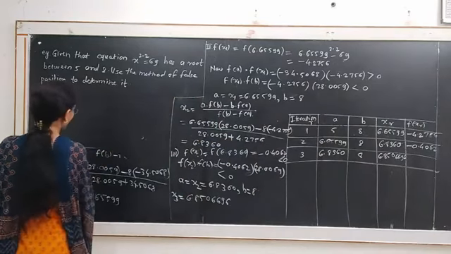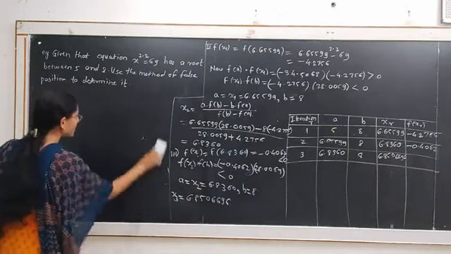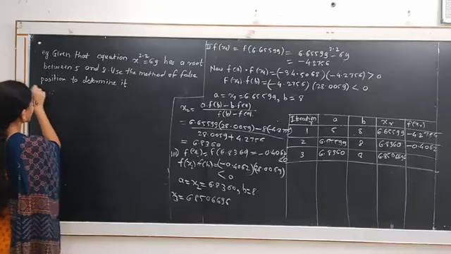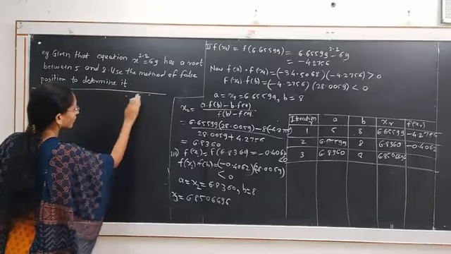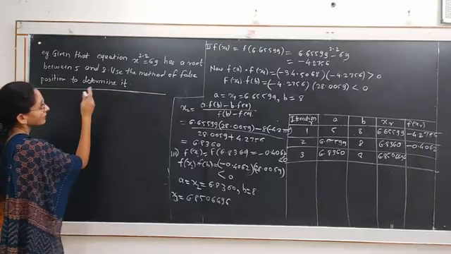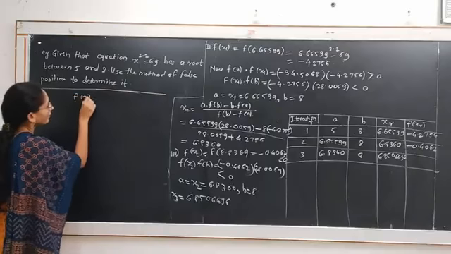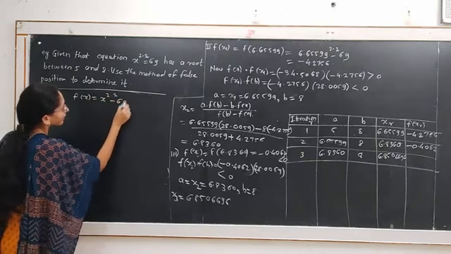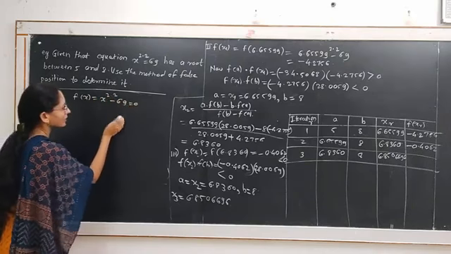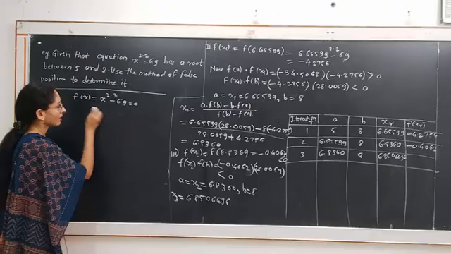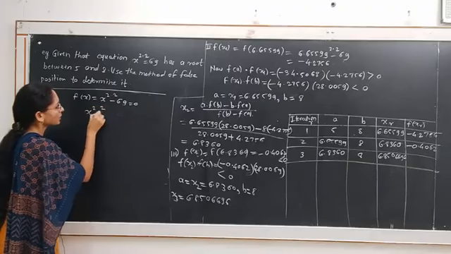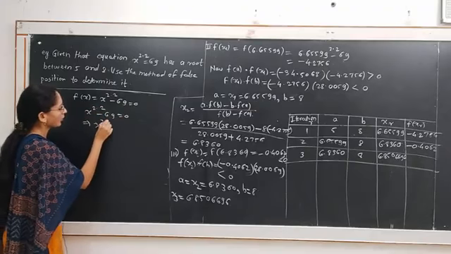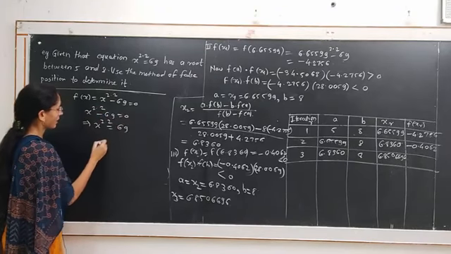The function f of x is x raised to 2.2 minus 69 equal to 0. If we solve this equation, x raised to 2.2 is equal to 69.